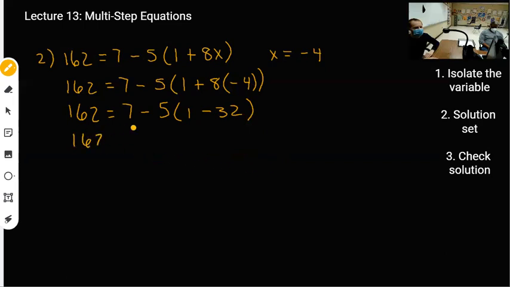On the inside, I have 1 minus 32. What would that give me? That would give me -31, right? And now the last two things I need to do are multiply and then add 7. So we have -5 times -31. Those are two negative numbers, so when I multiply them together, I'm going to get a positive number. I'm going to get a positive 155.